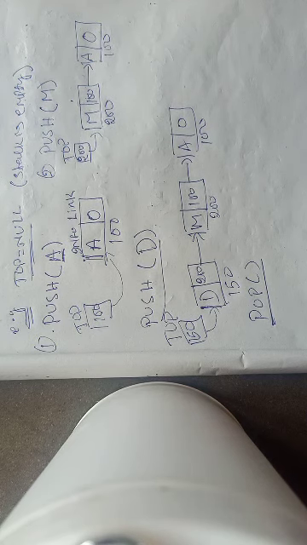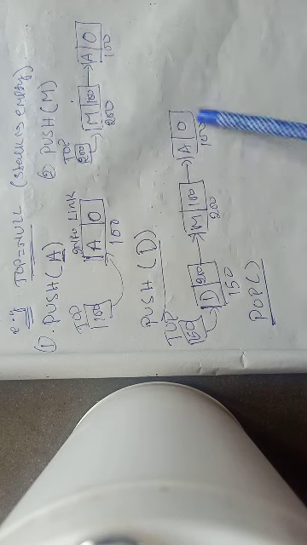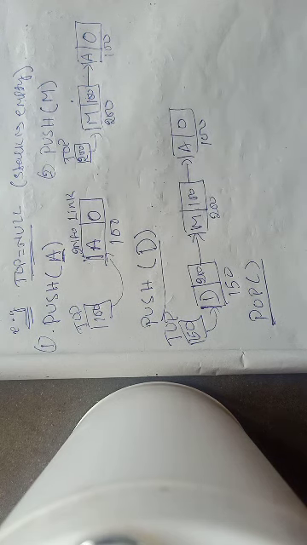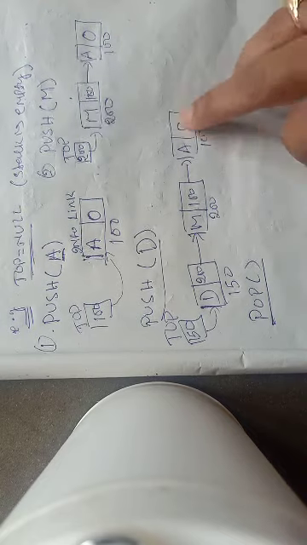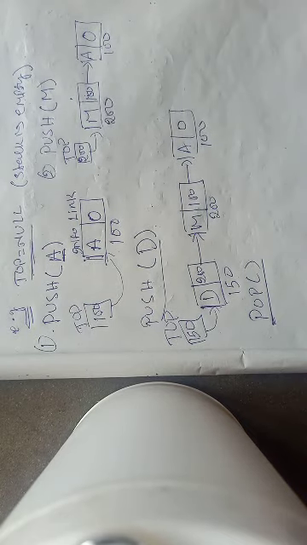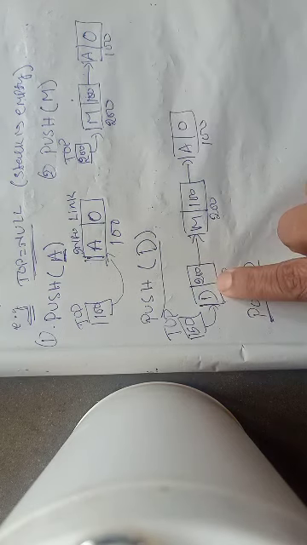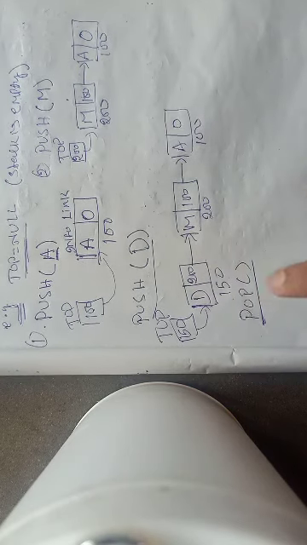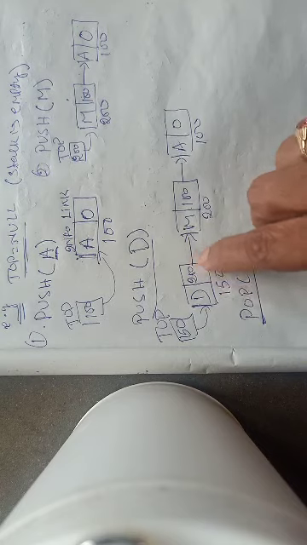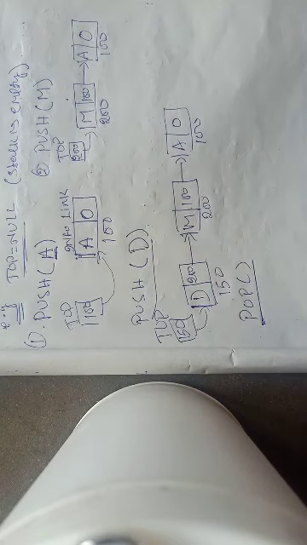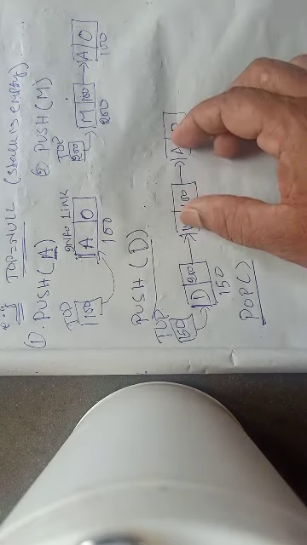The node which was added most recently, meaning the node which arrived in the list last. Out of these three nodes, which node arrived late? Here last does not mean the last node, but the node that arrived late. So which one arrived late? This one. So when we initiate pop, this value D will be removed.